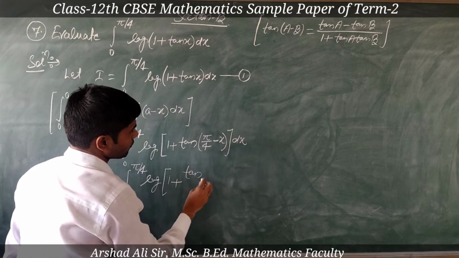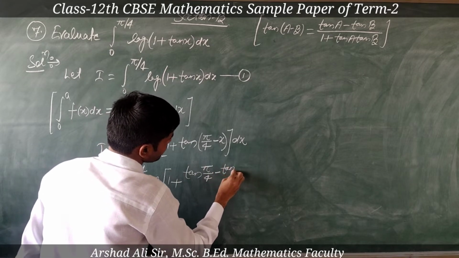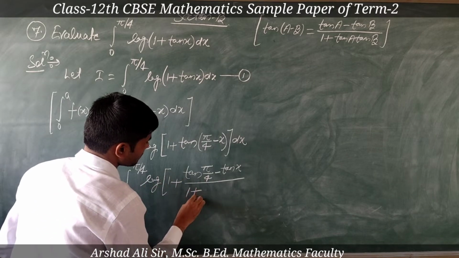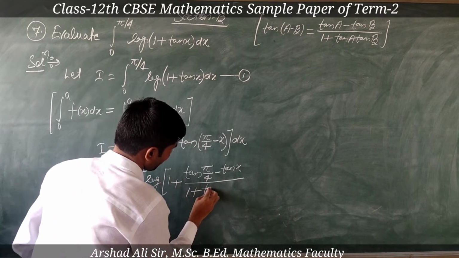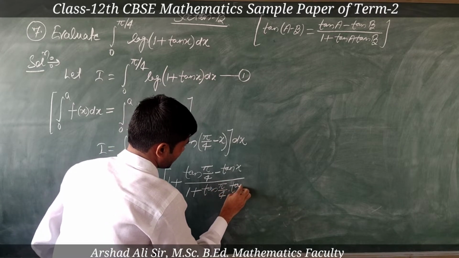So we can apply tan a. A means pi by 4, minus tan b. B means tan x, upon 1 plus tan pi by 4 into tan x. Tan pi by 4 means tan 45 is equal to 1.